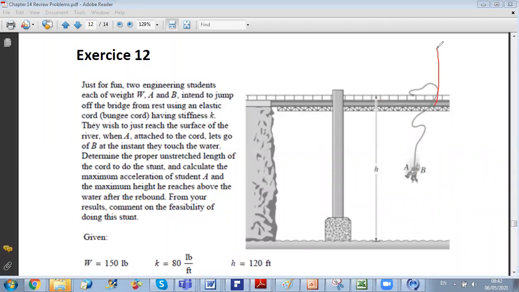Now we should make a certain assumption. Logically, we consider that A will go up, and at a certain length the cord will become stretched in the final position. So we will consider that this whole height at the final state is big H.